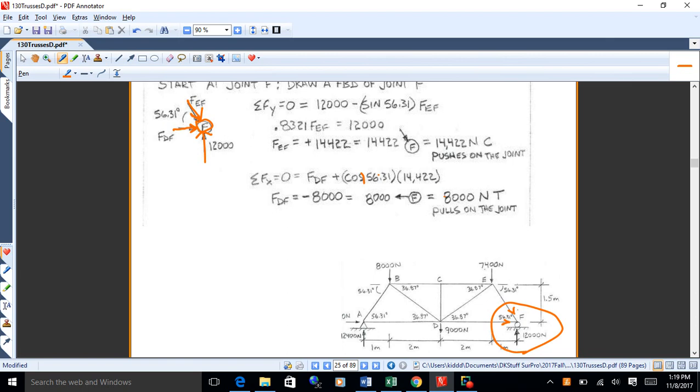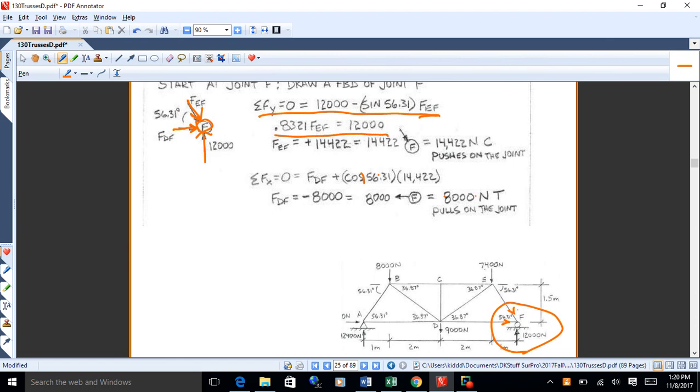All right. So when I look at that joint, what I'm going to notice is that DF is an X component only, EF has an X and a Y component. So it looks to me like I should start with a sum of forces in the Y because I'll only have one unknown, and that will be EF. So I got 12,000 up for the reaction minus sine of the angle, sine 56.31 times FEF. Okay. Can run through the numbers there.